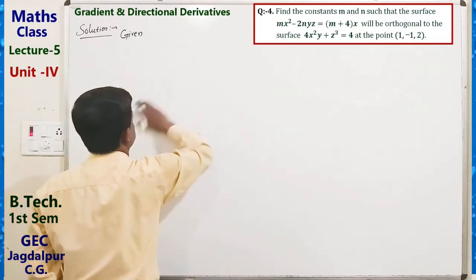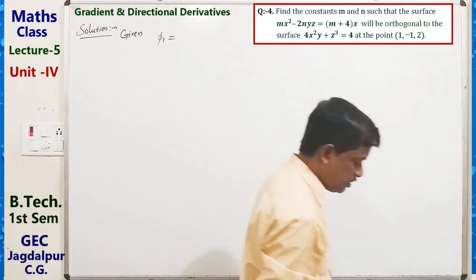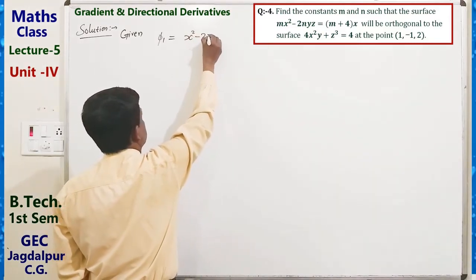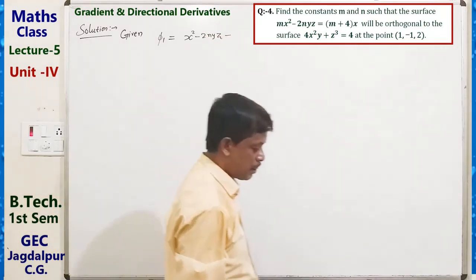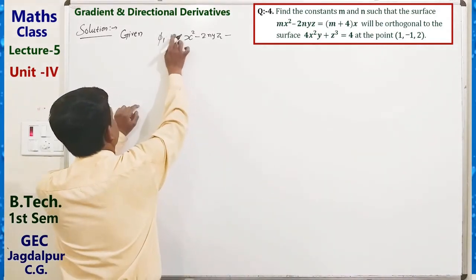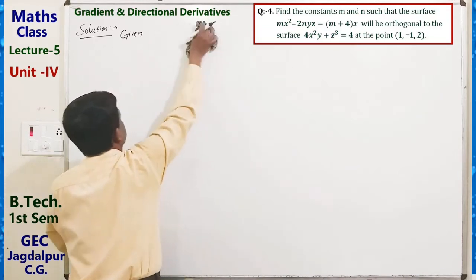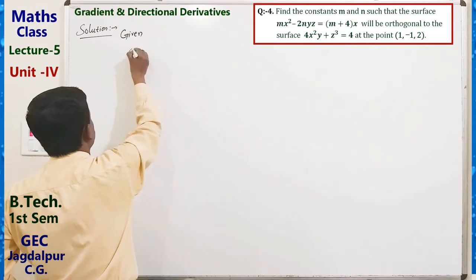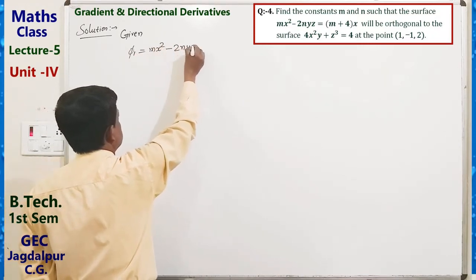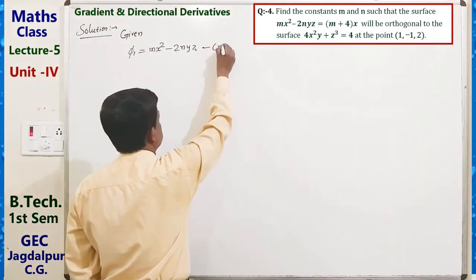So the first surface, phi 1, transferring everything to the left hand side: phi 1 equals mx square minus 2nyz minus m plus 4x.